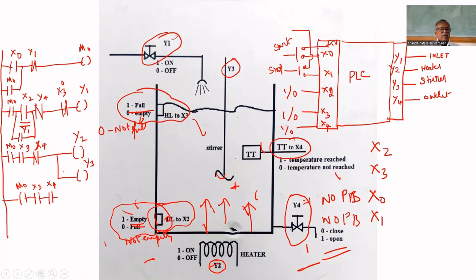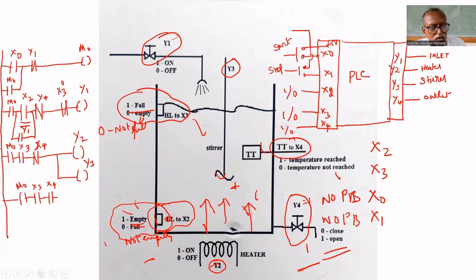So we have to think: anyhow, X4 we are putting. Then we can use Y2. Once the heater is turned off, then only we have to turn on the timer for the waiting period. When heating is over, we can use the heater instead of X4.